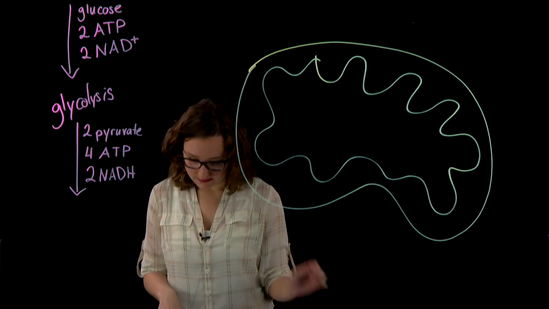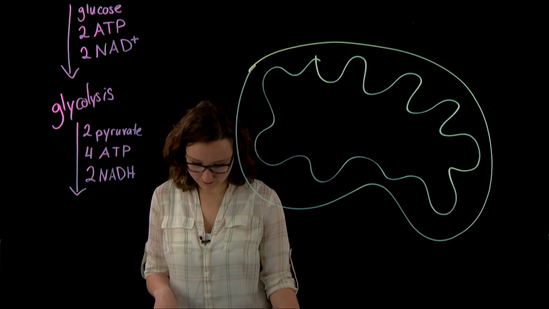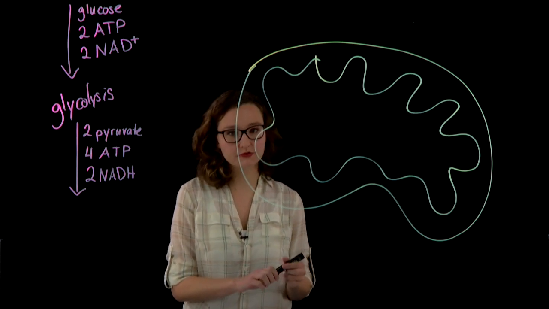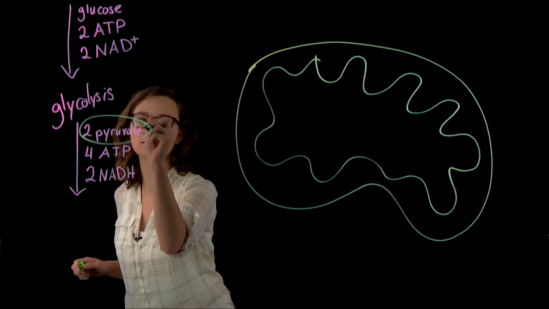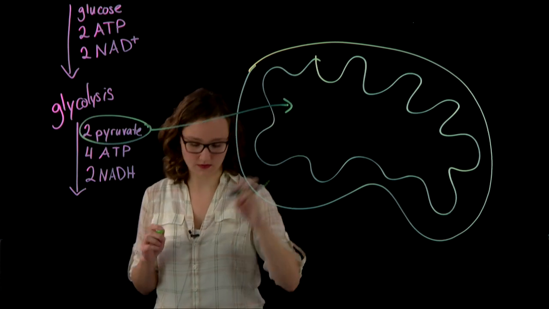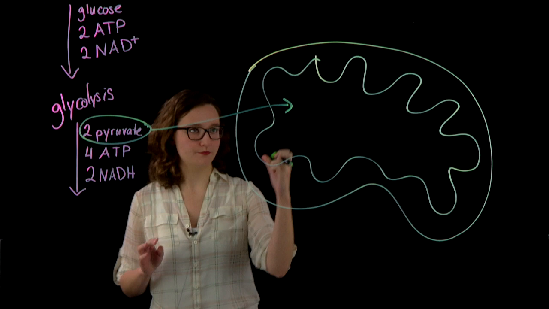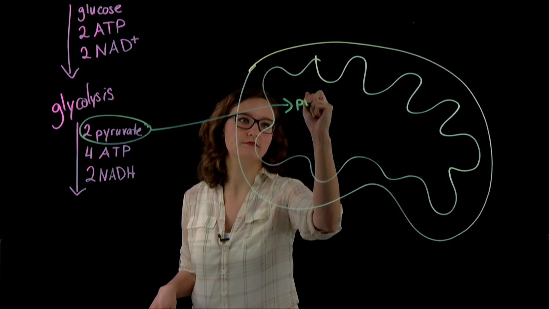So after this, the pyruvate will move into the mitochondrial matrix for pyruvate oxidation.